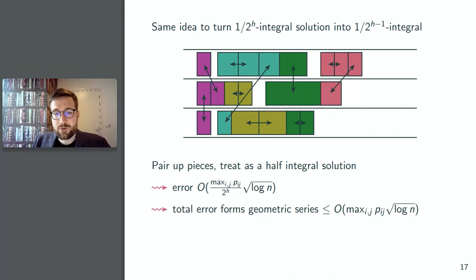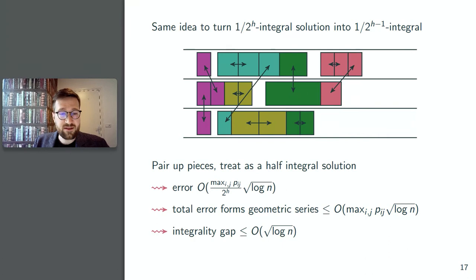So if you start with a very fractional solution, so that means h is very large, and you just repeat this over and over again until you get to an integral solution, you just have to sum up these errors for all h, and this of course is just a geometric sequence which in total is also bounded by a maximum of the p_ij's times square root log n.